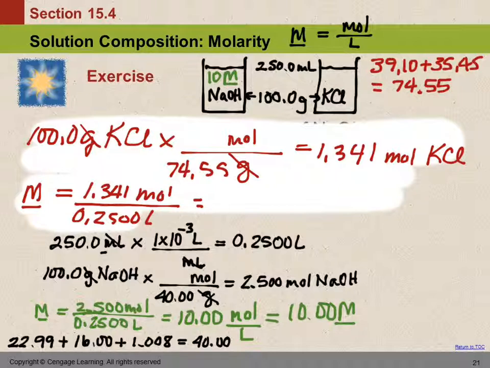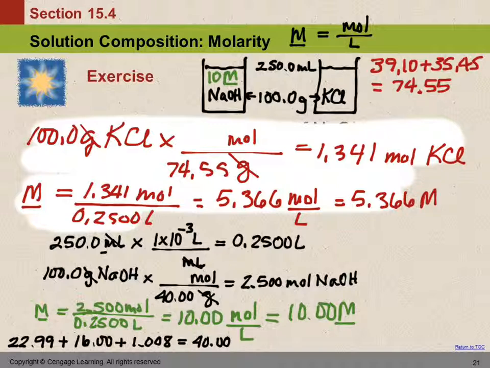Divided by 0.25. 5.366 moles per liter, which is the same as 5.366 capital M. It is very important to recognize that the capital M means moles per liter, because chemists use them interchangeably, and so we'll see them used in the problems, in lab, on exams, all over the place. Any questions?